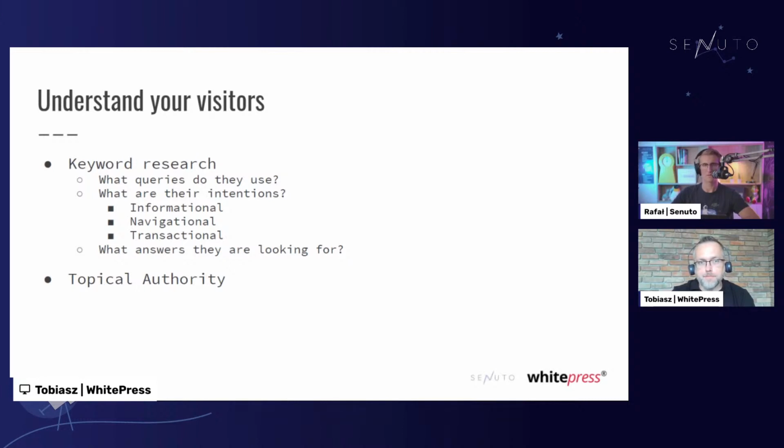Tobias, could you give our audience some examples regarding this diversity, informational, navigational, and transactional? Yeah, as I shortly mentioned, informational are usually questions when you are looking for something like how to tie a bow, for example. Navigational are like when you are looking for the company contact page, and you are typing the brand contact page.